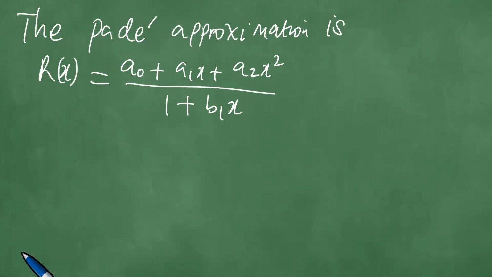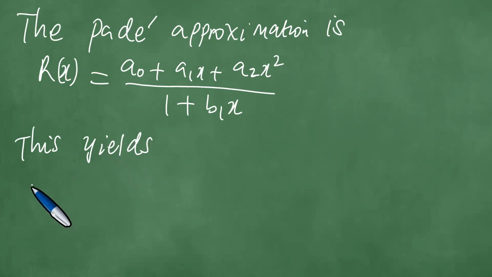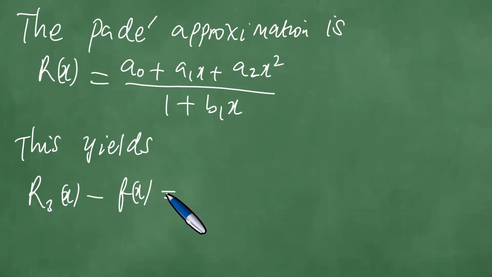Now let's continue with this. What does this give? So this yields R3 minus f of x. We subtract them in this manner because we want to find the approximation to f of x.